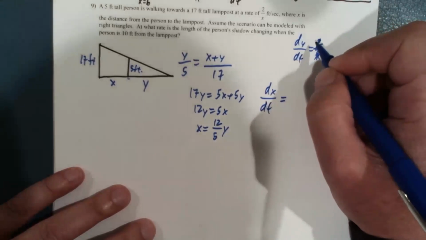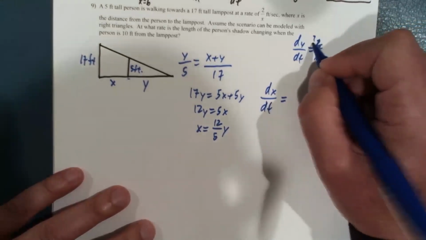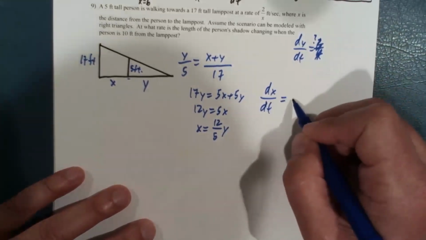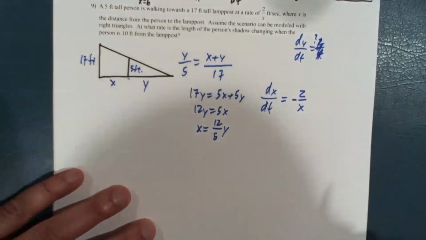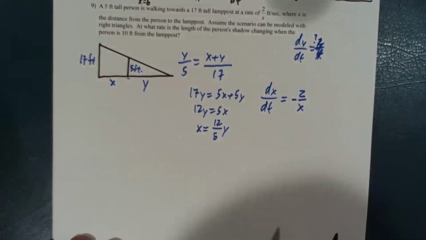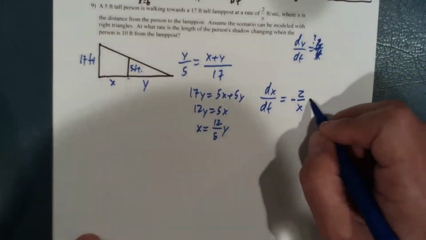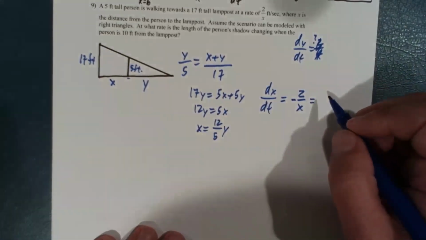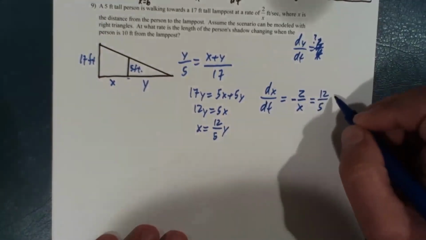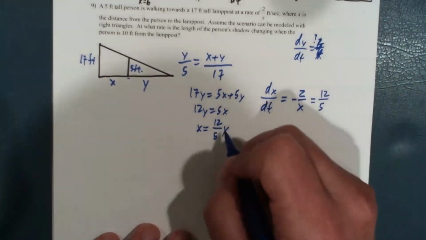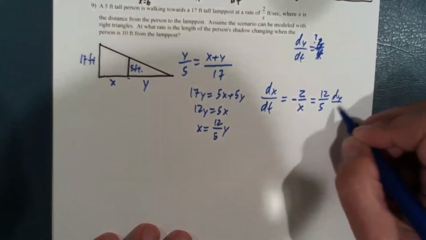We're looking for dy dt. Dx dt is the negative 2 over x. That's what that is there. That's going to equal 12 over 5 dy dt. So we'll do the derivative there, dy dt.